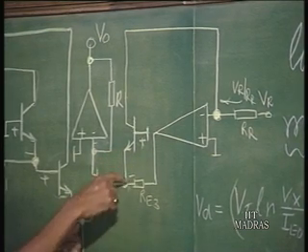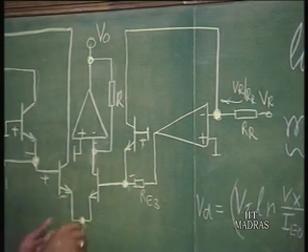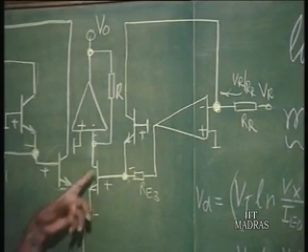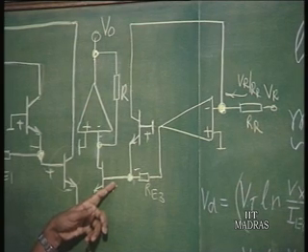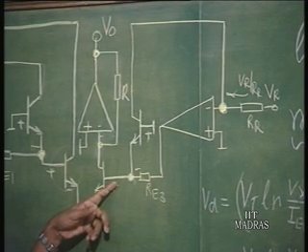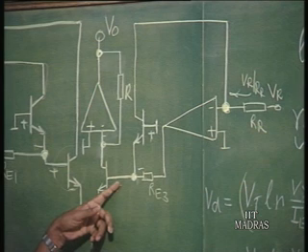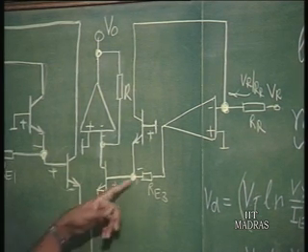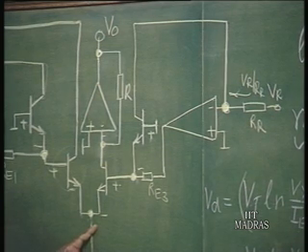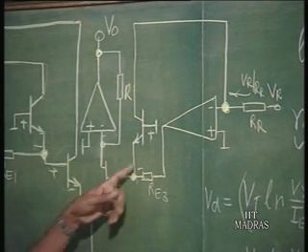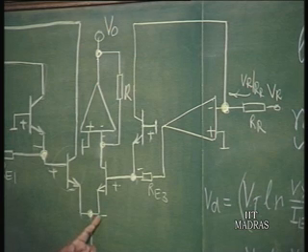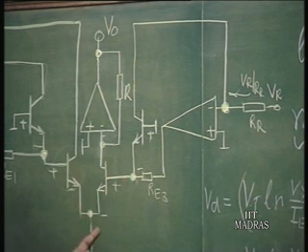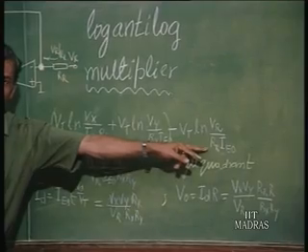So, this voltage minus this voltage is going to be the voltage between these two terminals of another base emitter junction, which will convert the voltage into anti-log current. So, this voltage now is nothing but this negative voltage minus another negative voltage, and that is more negative on this side and more positive on this side. So, this is forward biased by a voltage which is equal to this exactly.